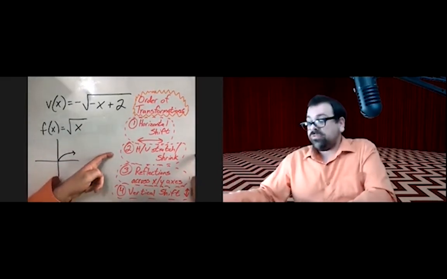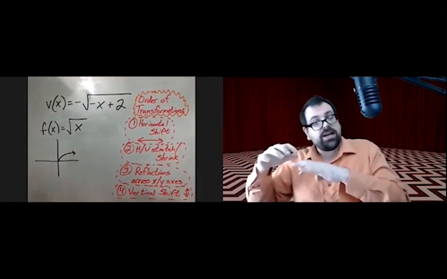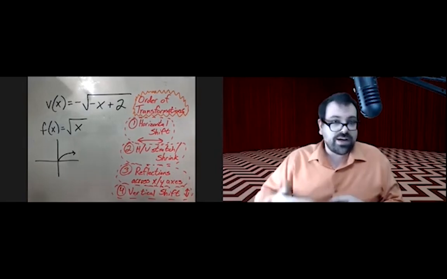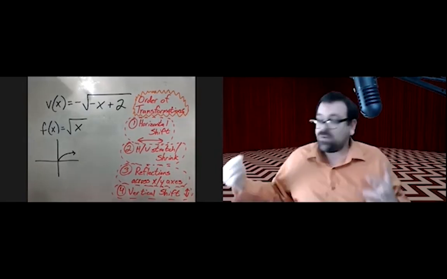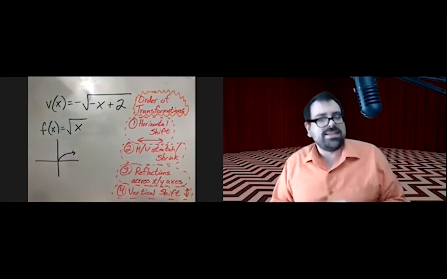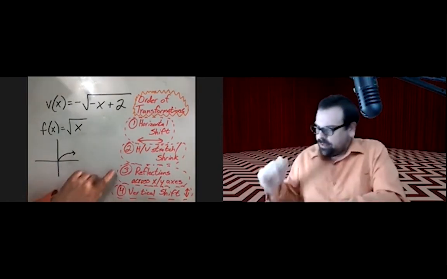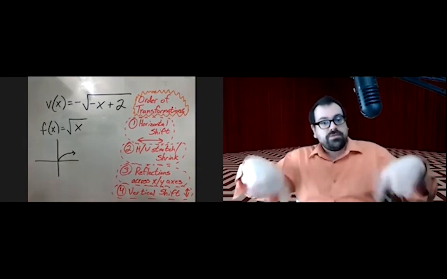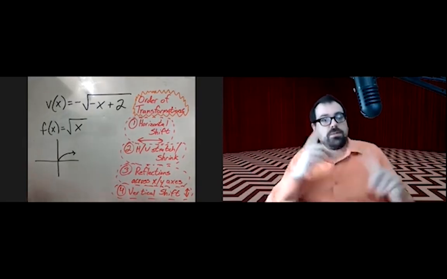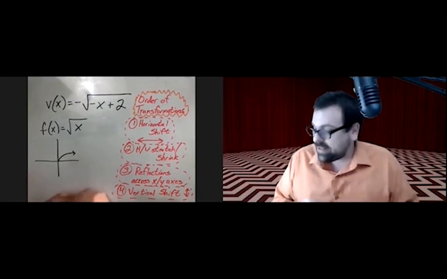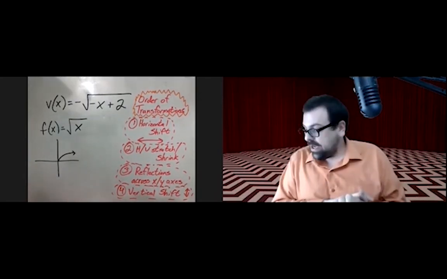Our horizontal or vertical stretching or shrinking. Remember, a horizontal stretch is a vertical shrink. A vertical stretch is a horizontal shrink. So that's why it's all in the same step. They're really the same thing. Third, our reflections. Flip over the x-axis, flip over the y-axis, do both, whatever it's telling you to do. And then finally, the moving up, down.